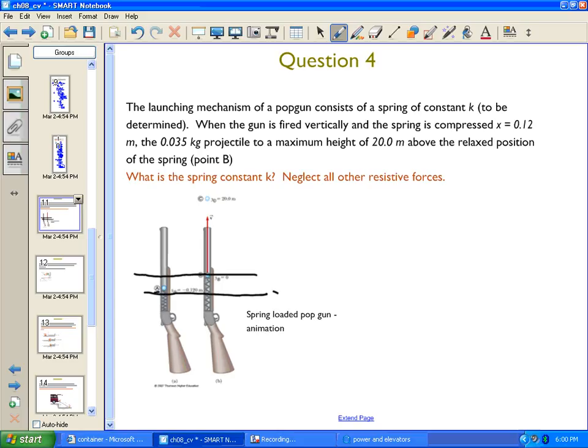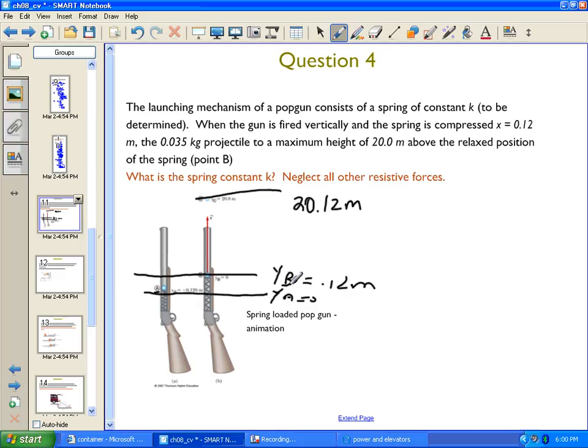What if we let position A, or y sub A, equal 0, y sub B then would equal 0.12 meters, and y sub C would equal 20.12 meters.